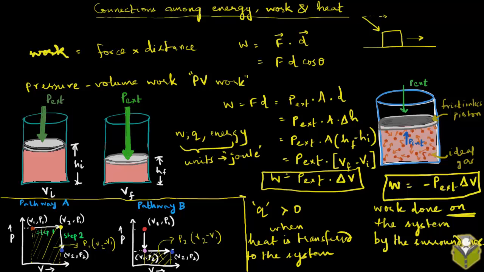On the other hand, if you take a property like internal energy, the difference in internal energy between the initial red dot and the blue dot states is going to be the same for both pathways. So internal energy is a state function, but work is not a state function.